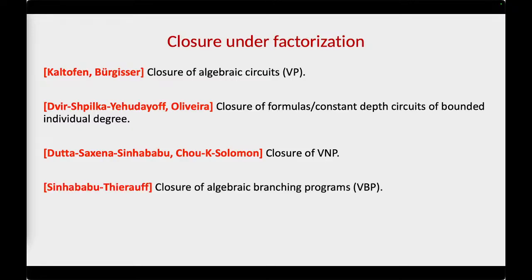Amit and Thomas showed that algebraic branching programs are closed under taking factors just a few years ago, about 5 years back. So the class VBP is closed under taking factors. So these are all very clean closure results.